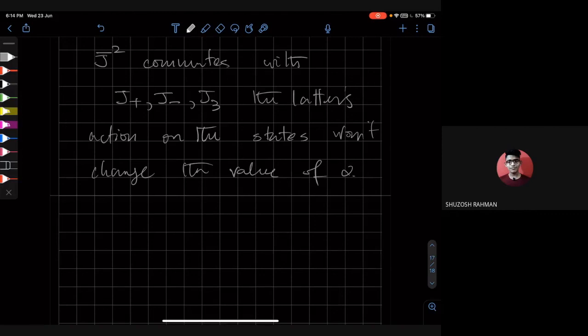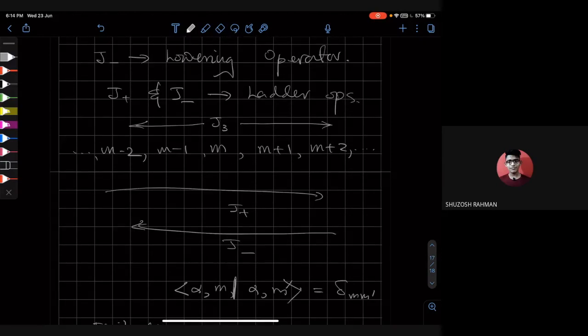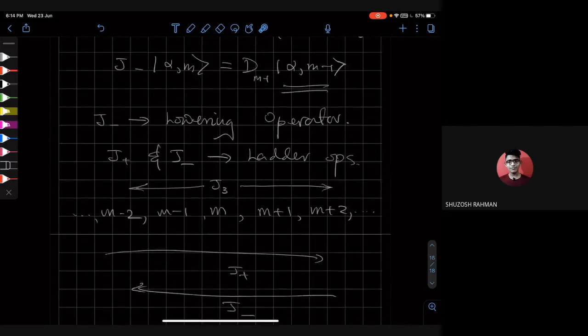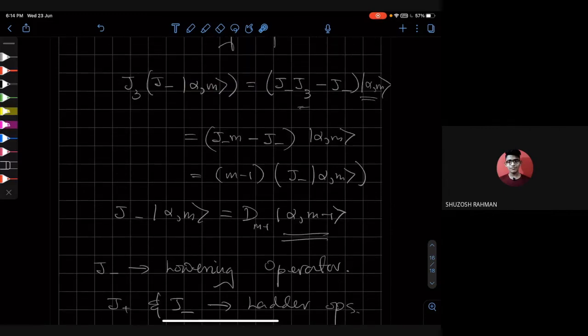All right. So now, how do we figure out where this series terminates? See that the action of j plus and j minus is encoded in these proportionality constants. So at some point, these proportionality constants will go to 0, and that will terminate the ladder.